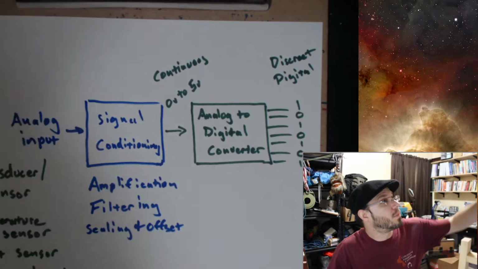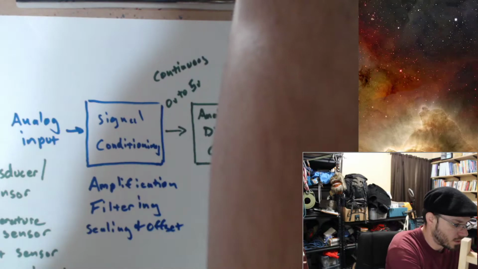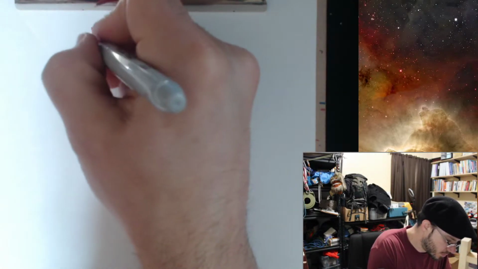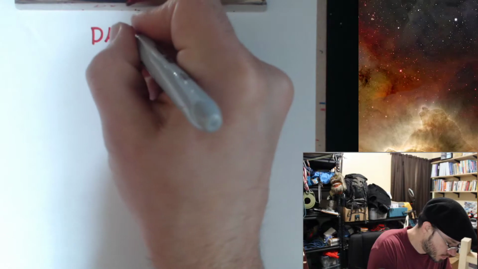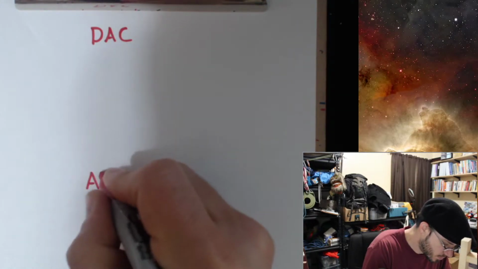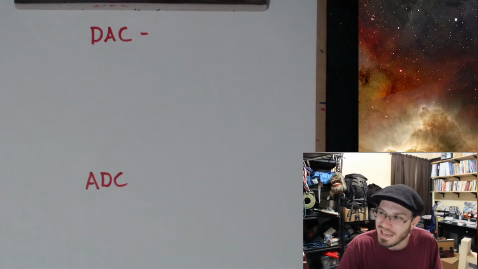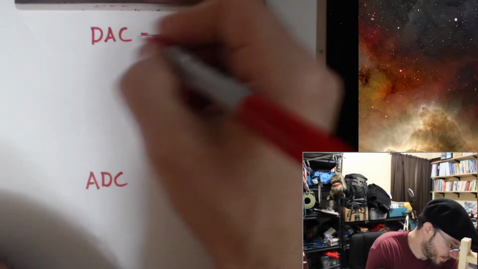Okay, and now this means we have two similar devices, but a bit different from each other in order to perform this function. We have DACs and we have ADCs. Okay, a DAC stands for digital to analog converter.